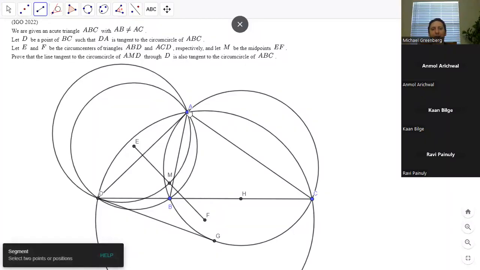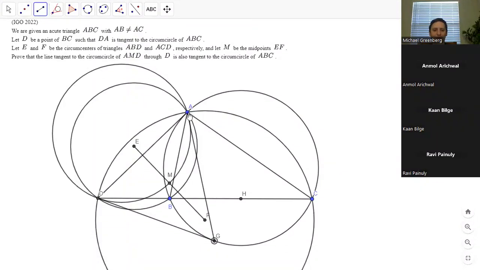Yeah, we want to show AG is a symmedian. But wait, we know that that's tangent. Yeah, so that solves it, right? Because the tangent and the symmedian form a harmonic bundle with AB and AC, right? And so ABGC is harmonic. And so the tangents at A and G and BC concur at a point. Oh, but we have to show that that passes through the midpoints. Okay, so it's not that easy.